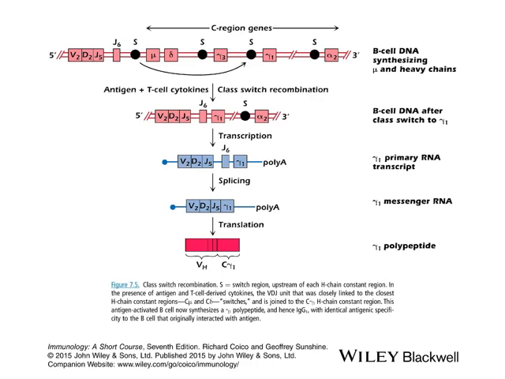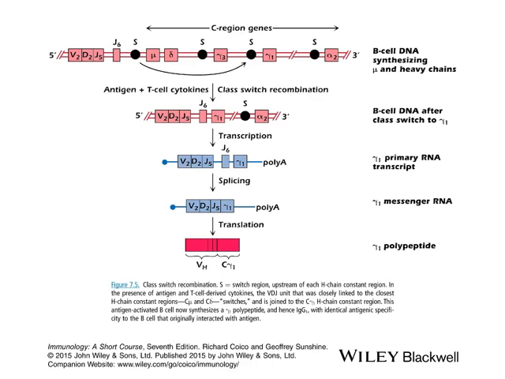The rest of it is fine, because you have a variable region specific to that antigen, and then in the constant region, you start making gamma 1, right? Before, you were making, for example, mu. Mu doesn't have 1, 2, 3, 4, it's just 1.